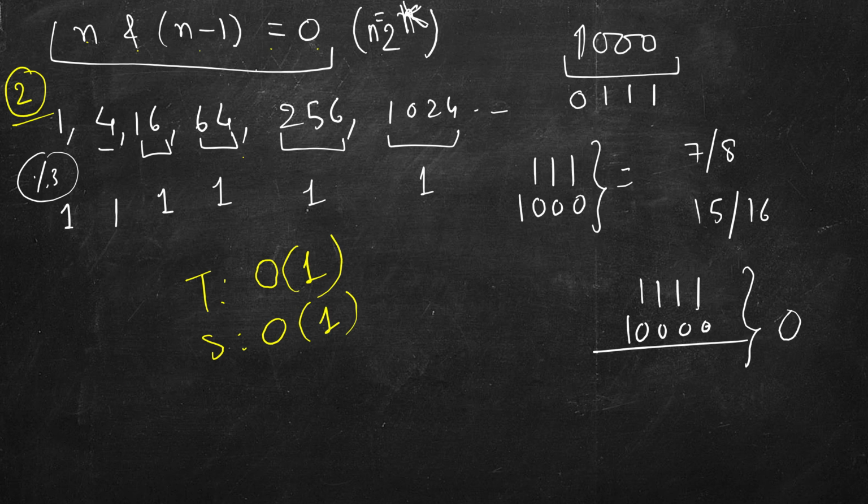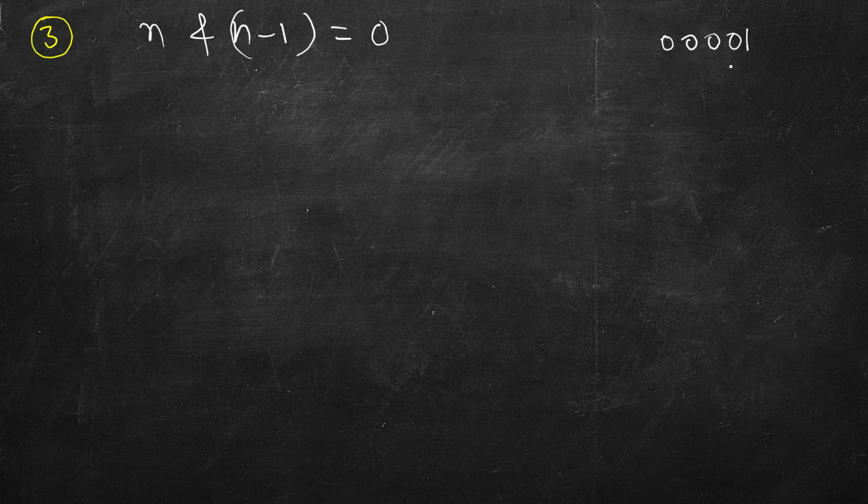Now let's look at another solution. So again we will use that n and n minus 1 should be 0. That is, first it should be a power of 2, then only it can be a power of 4. Now we know that if you see the powers of 4, then we have this 1. Then the next power of 4 will be 100. This is 1. This is 4.